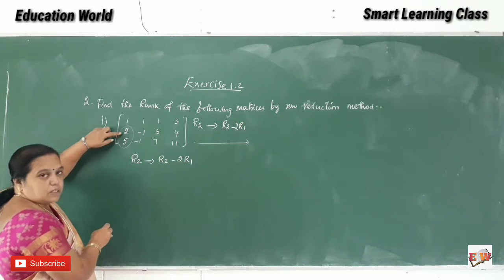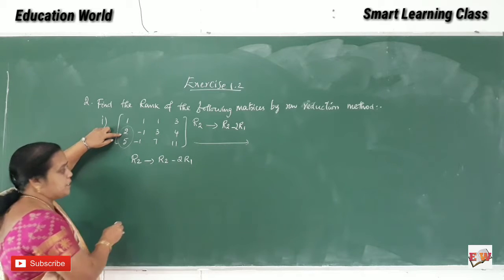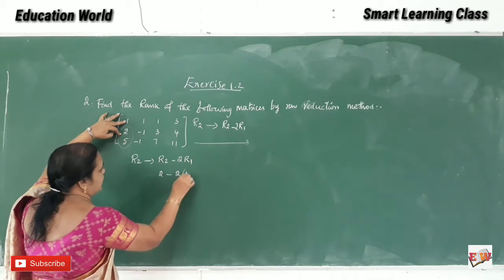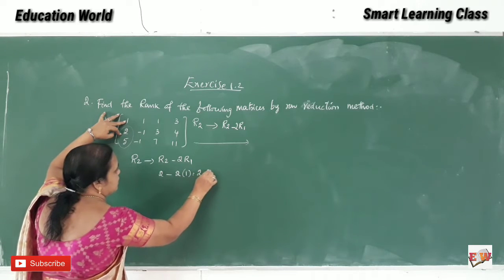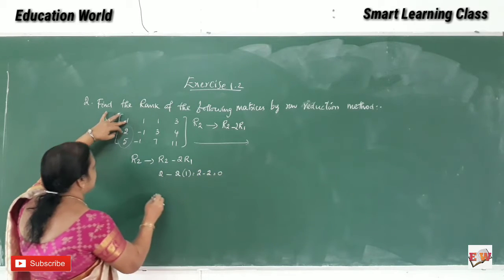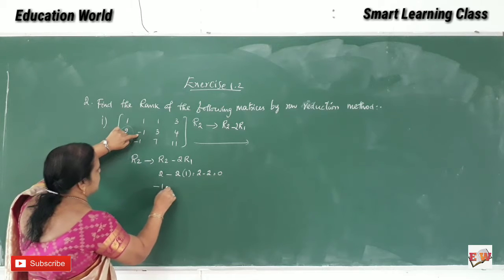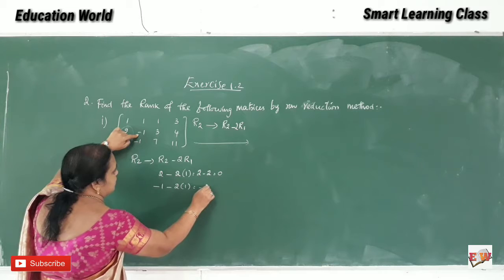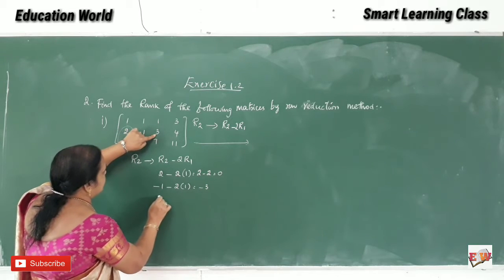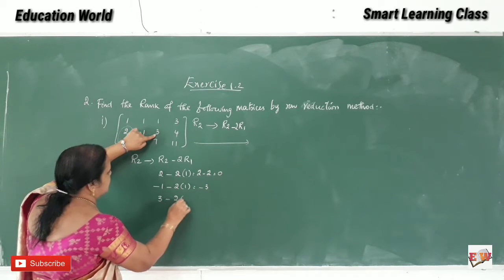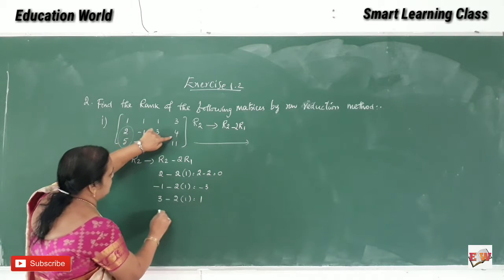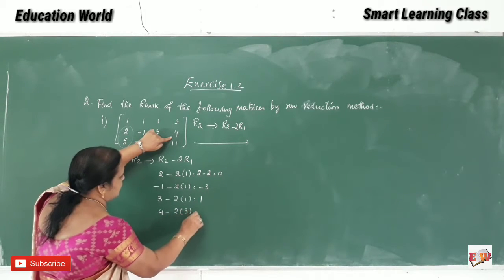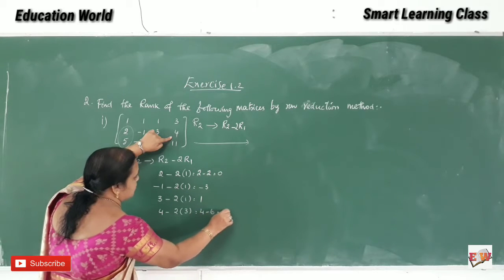Second row, first element: 2 minus 2 into R1's 1, so 2 minus 2 is 0. Here, minus 1 minus 2 into 1 is minus 3. Here, 3 minus 2 into 1 is 1. 4 minus 2 into 3, 4 minus 6 is minus 2.